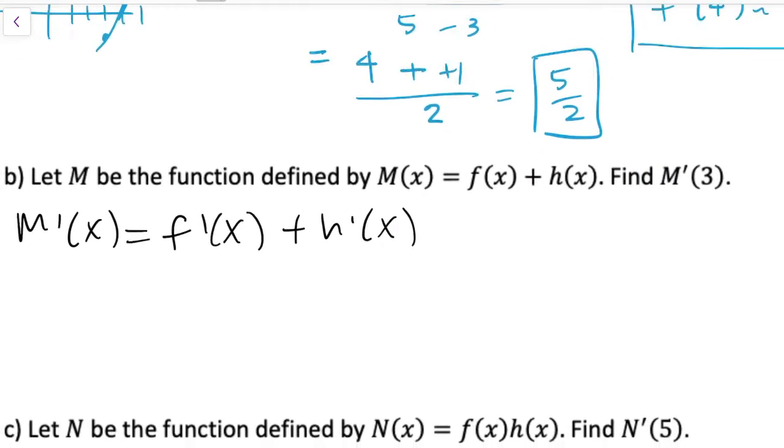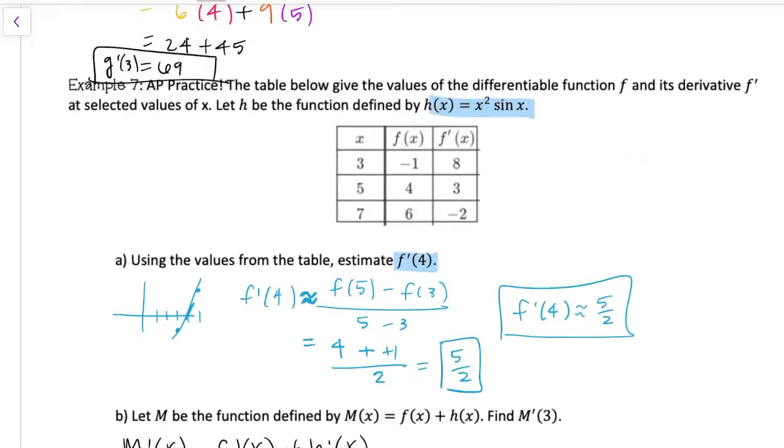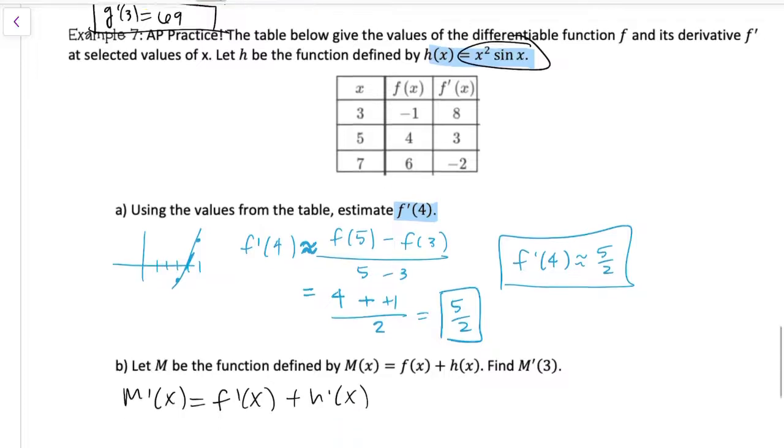Cool. But h of x was a product function. So h prime of x, we're going to need to use our product rule.